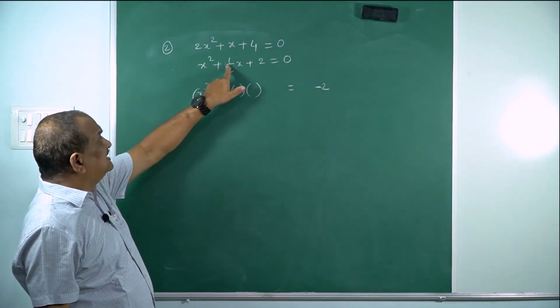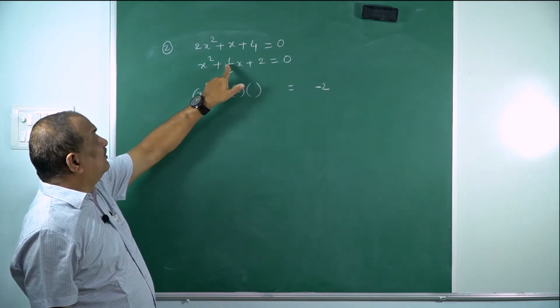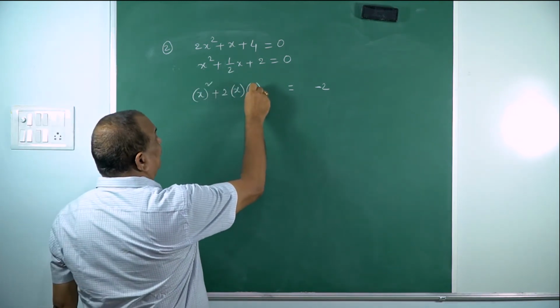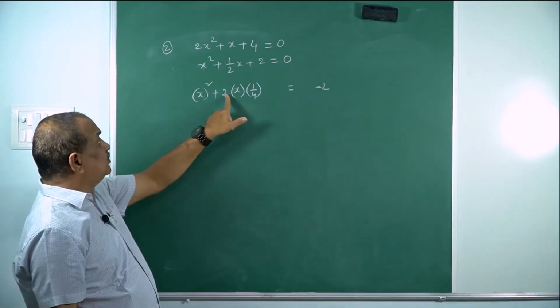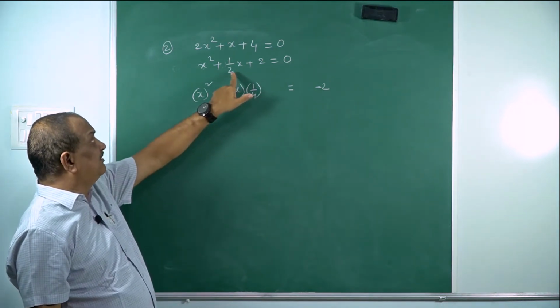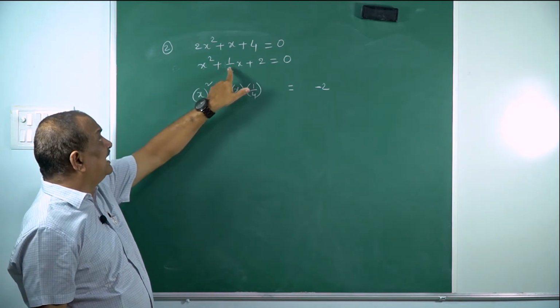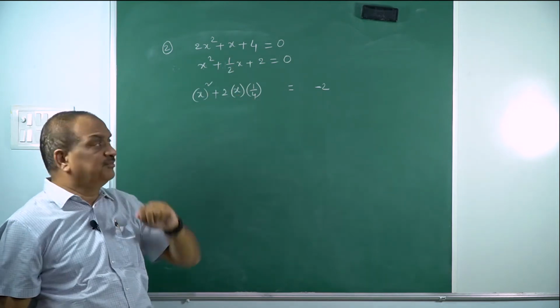If this is half, I have taken 2 outside. What is half of this half? Because 2 is written out, 1 on 4. You can understand it like this: 2 times this 1/4 will be 1/2. Otherwise, because you have taken 2 out, write half of this one. Half of half is 1/4, 1 and 4.